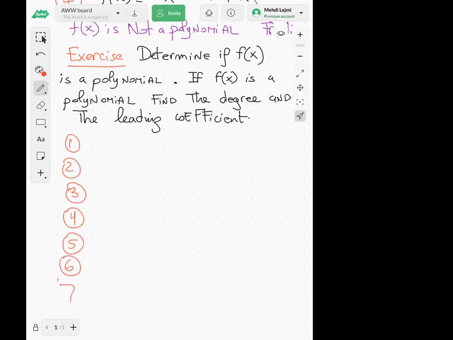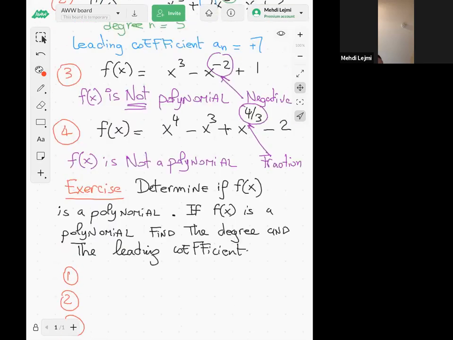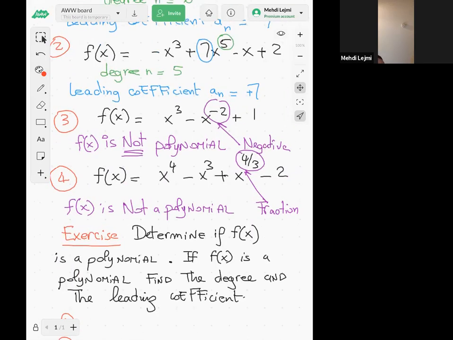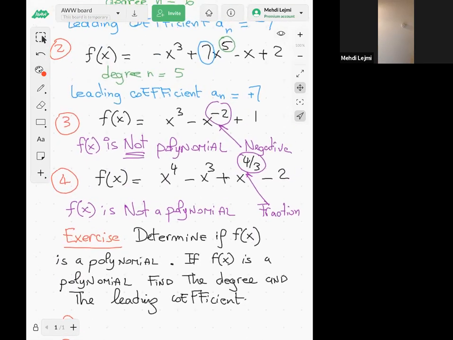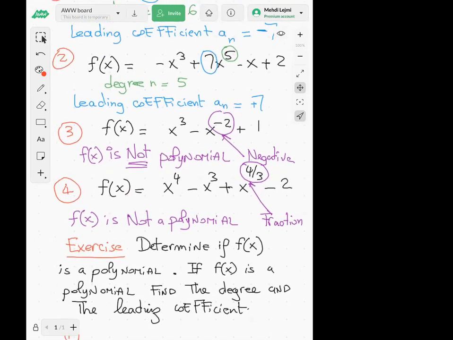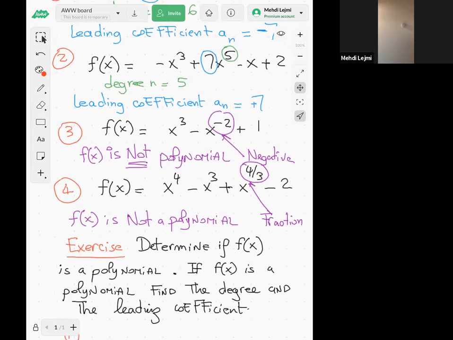Professor. Yes. Can you go back to example 2 real quick? Yeah, sure. Do you see it? Yeah. All right. So in example 2, I was saying that the degree doesn't have to be the first power in your function f, right? Here the first power is 3, but the highest power is 5.